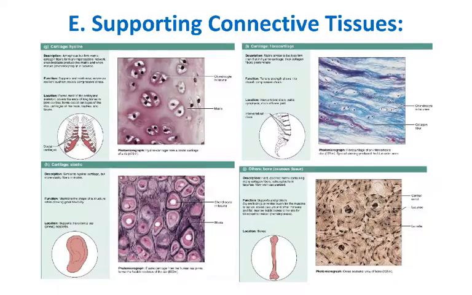All right, let's go over the last category of connective tissues called supporting connective tissue types. These help provide the scaffolding that forms your skeleton, that holds your organs in place and creates cages for your organs to hang off of or be protected by. And there's two main types of supporting connective tissue: cartilage and bone.